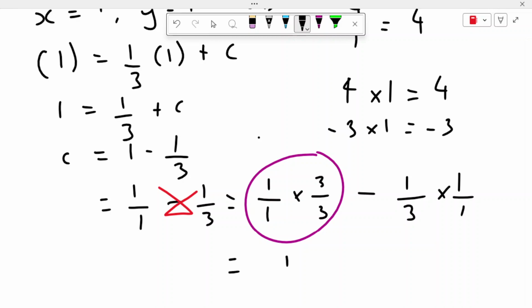So 3 divided by 3 is just 1. All right, 1 times by 1 is just 1. 1 divided by 1 is just 1. Likewise, with this blue stuff over here, we can see the same thing happens with that times by 1 divided by 1.